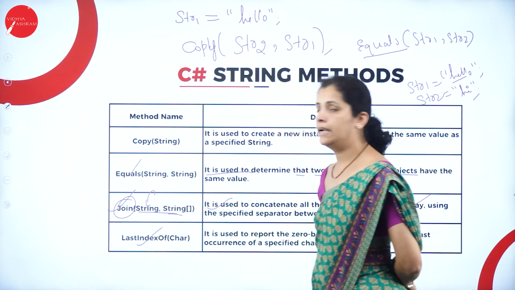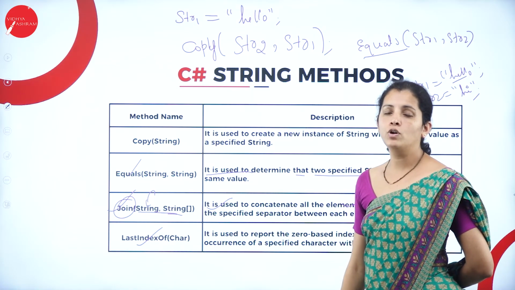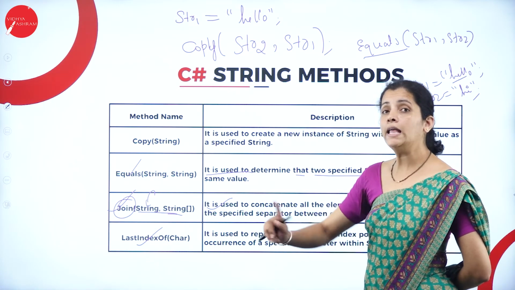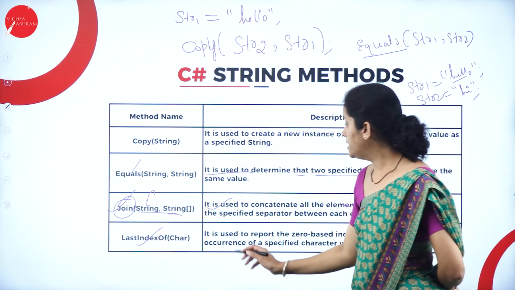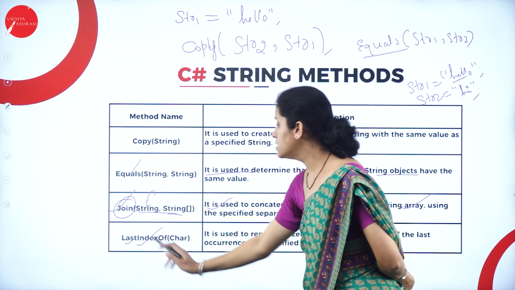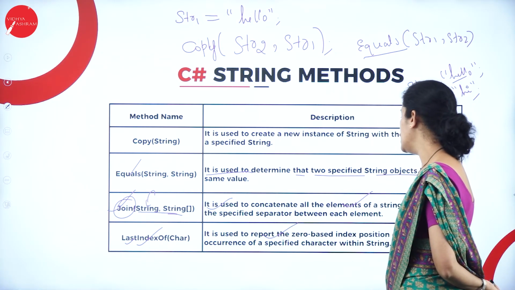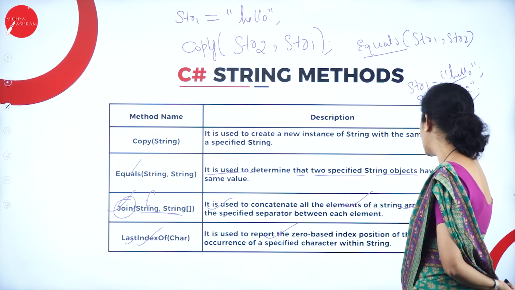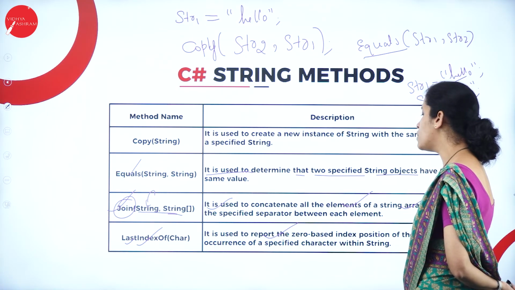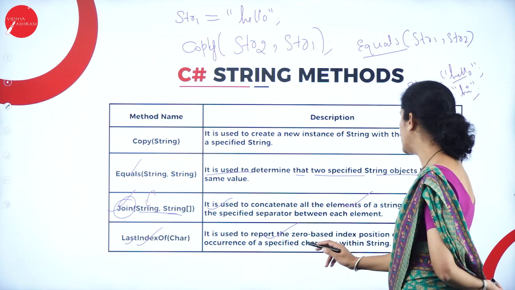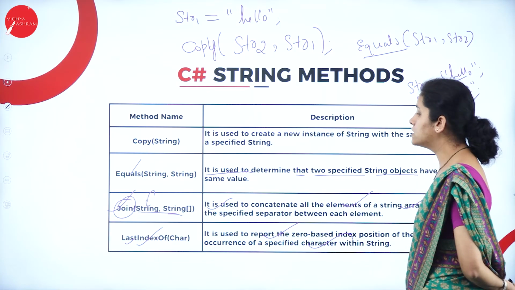Then LastIndexOf. Suppose I want to know the size or nth position, then I can use LastIndexOf. It is used to report the zero-based index position of the last occurrence of a specified character within a string.